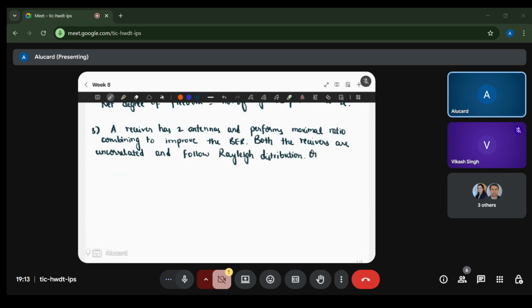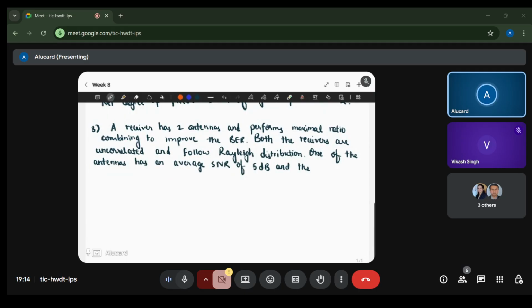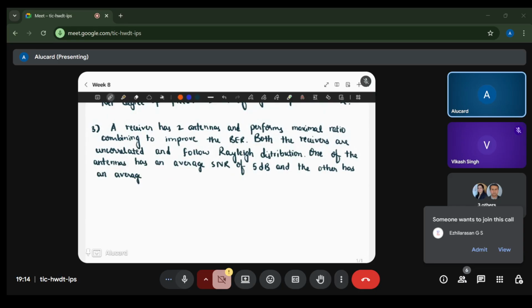One of the antennas has an average SNR of 5 dB. I just change the numbers. And the other has an average SNR of 10 dB.